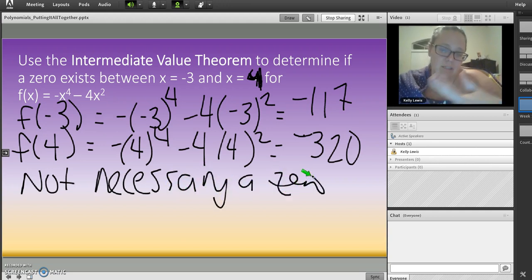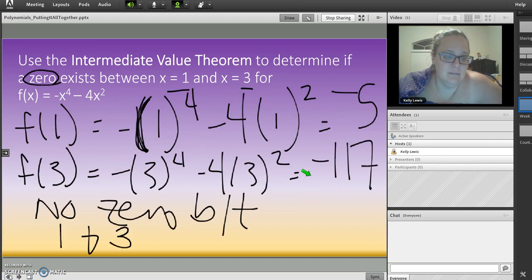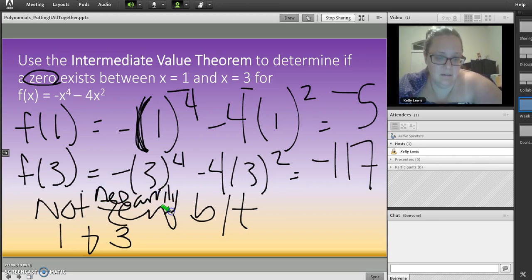I shouldn't say no. I should say there's not necessarily one. It's inconclusive is what we should really say. So not necessarily a 0 between 1 and 3.